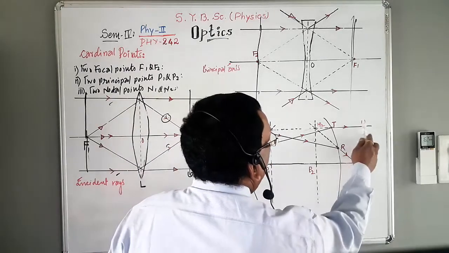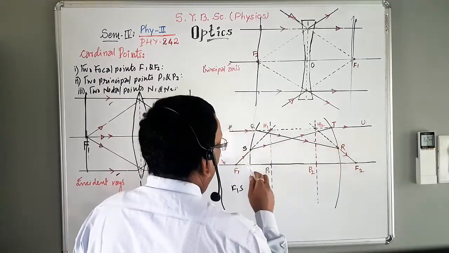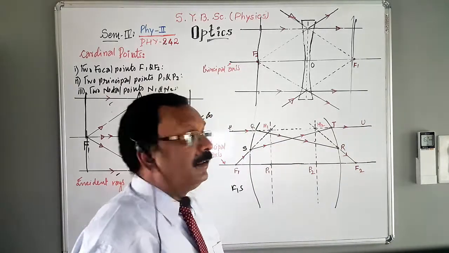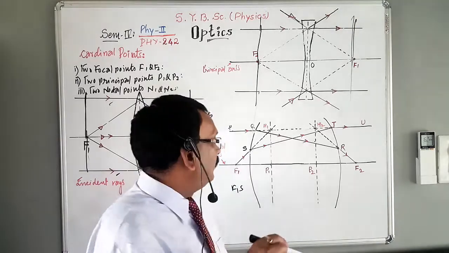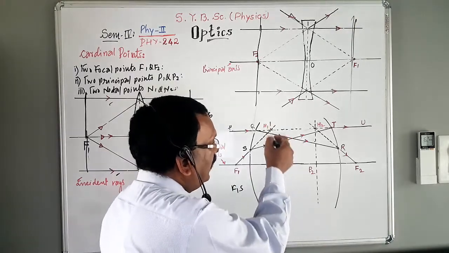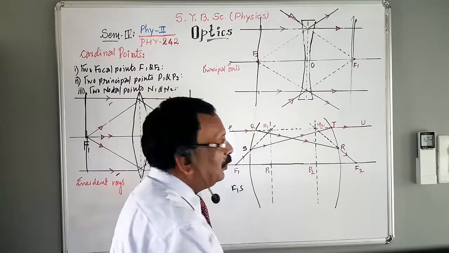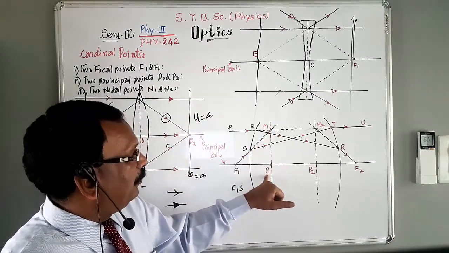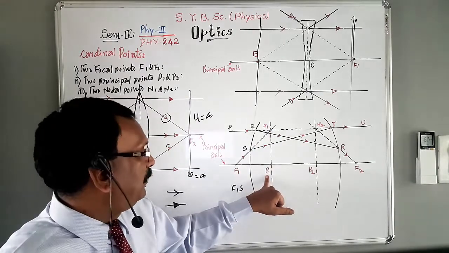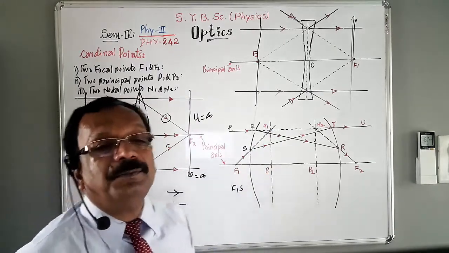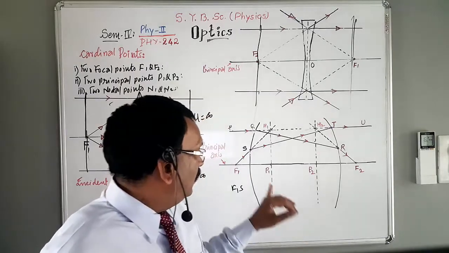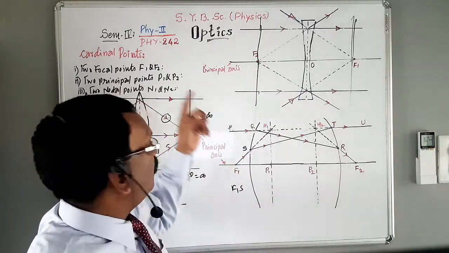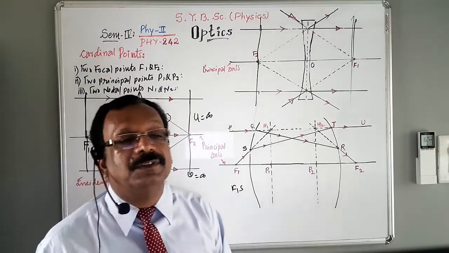When we draw a plane passing through the point H1 and perpendicular to the principal axis, then H1 P1 is the first principal plane and P1 is the first principal point. In this way, we study the principal points and principal planes.